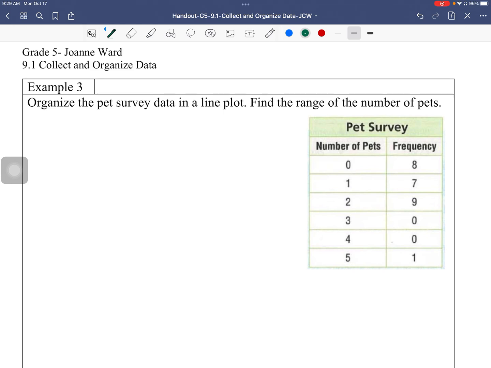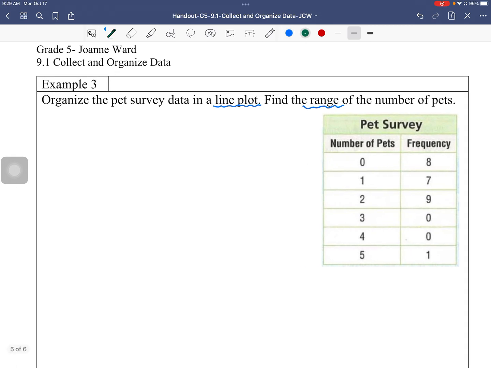So how do we organize the pet survey data in a line plot and then find the range? First of all, we want to organize this survey in a line plot. Then we want to find the range. Now we have a pet survey. First, draw a number line from 0 to 5.